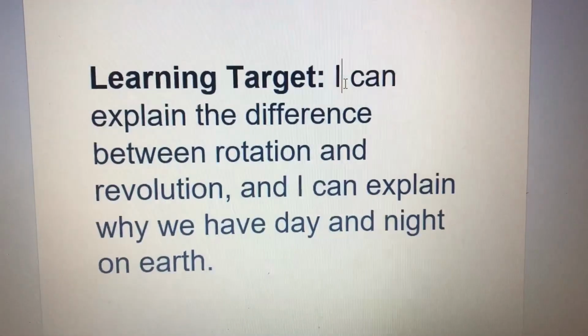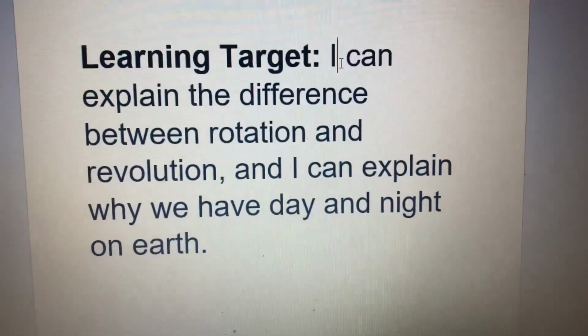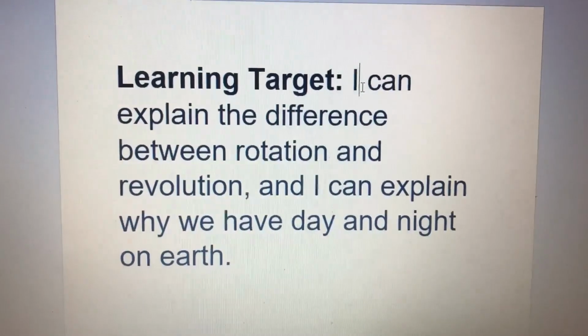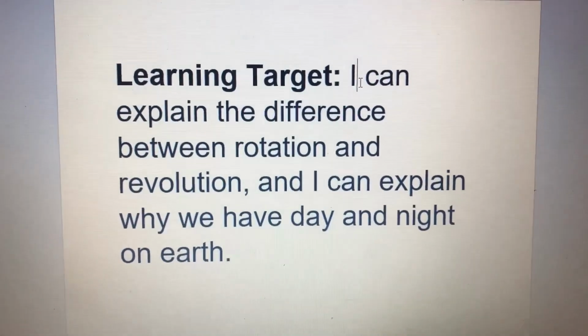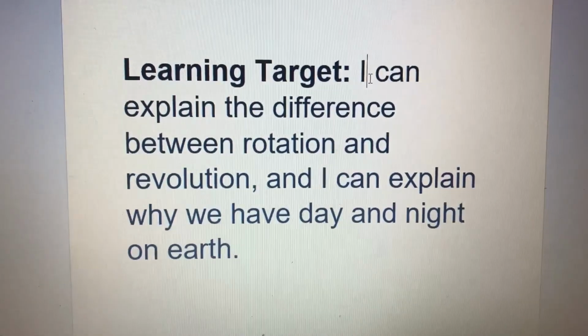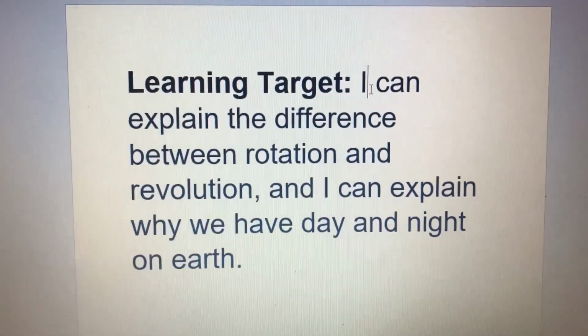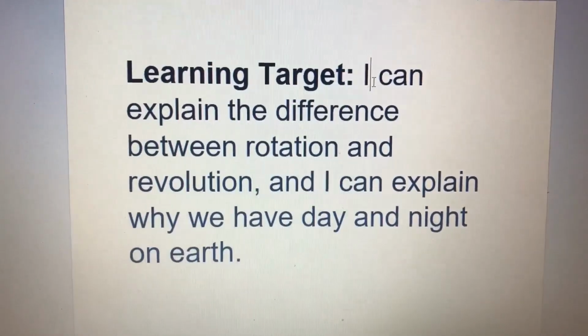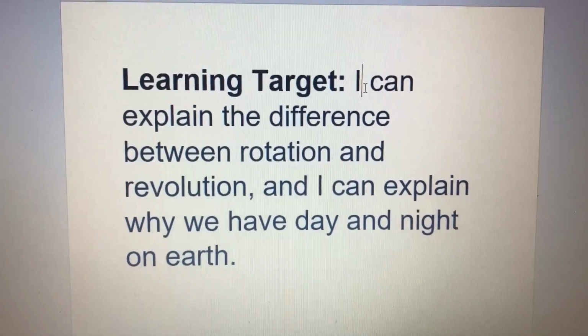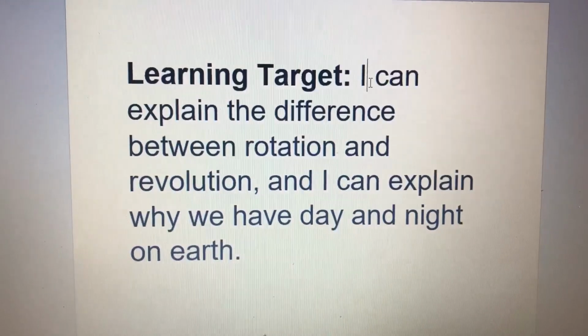So let's look at our learning target to know exactly what we are supposed to be learning in this lesson. I can explain the difference between rotation and revolution, and I can explain why we have day and night on Earth. Okay? So, the difference between rotation and revolution, and also why it is that we have day and night on our planet Earth. So our main goal today is understanding why we have day and night on our planet.